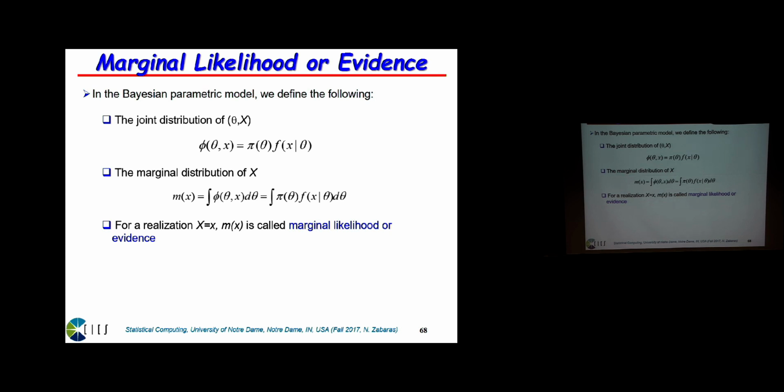Because if you have two models to compare, who cares what parameters one model uses and who cares what parameters another model uses? The only thing you care about is whether the probability of the data under this model is higher than the probability of the data under another model. So if you want to compare models, that is based on this marginal distribution of x, and we will spend one lecture on this. All right, we're going to come back because it's extremely important in a Bayesian setting.